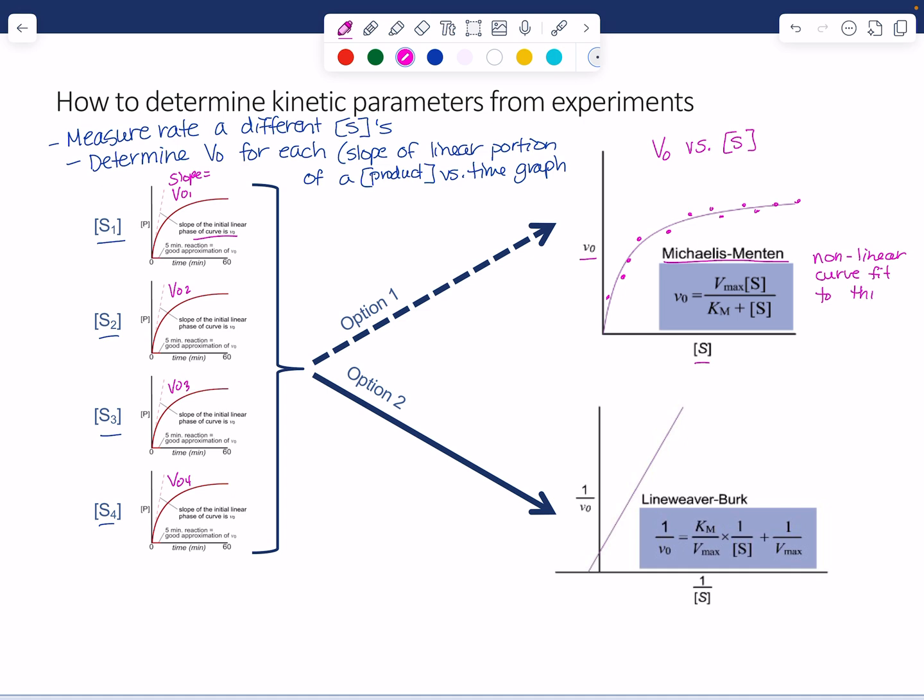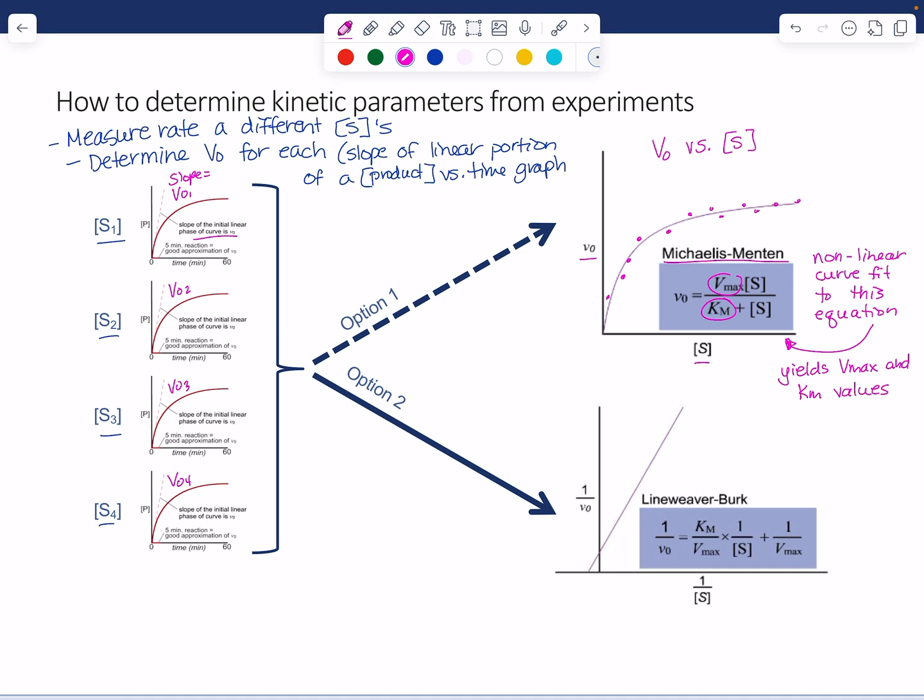To this equation. And it yields Km and Vmax values directly. That's what the fit will tell you, Vmax and Km. Vmax reflects how good the enzyme is at doing the chemistry, or how good those conditions are for supporting catalysis, right?